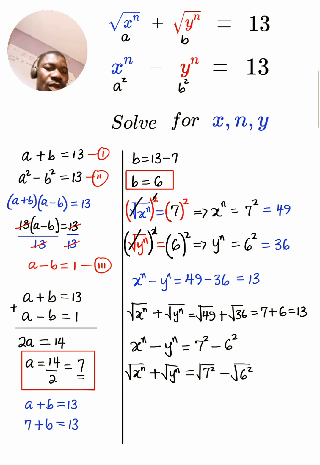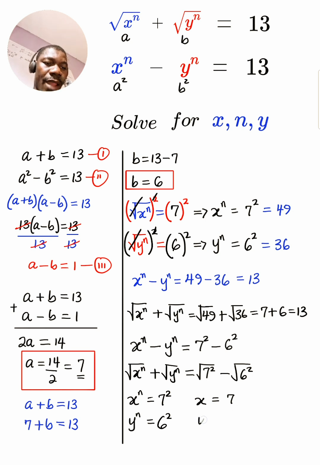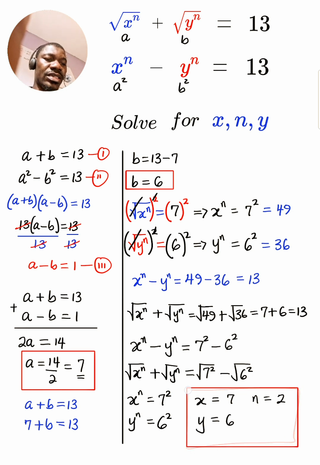So by comparison, we can agree that x raised to n equals 7 raised to 2, and y raised to n equals 6 raised to 2. Which implies that x equals 7, y equals 6, and n equals 2. So this is the final answer to x, y, and n.